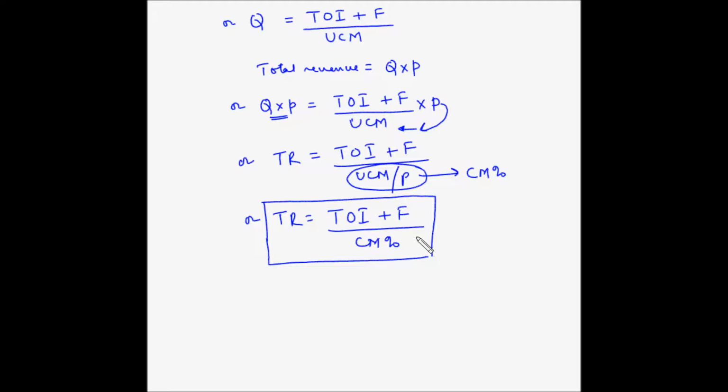Now let's find out how we can use the graphical method to achieve the same information. Now in the video for break-even point using graphical method, we had seen a graph of dollars versus units sold. So we had units sold on the x-axis and dollars on the y-axis.